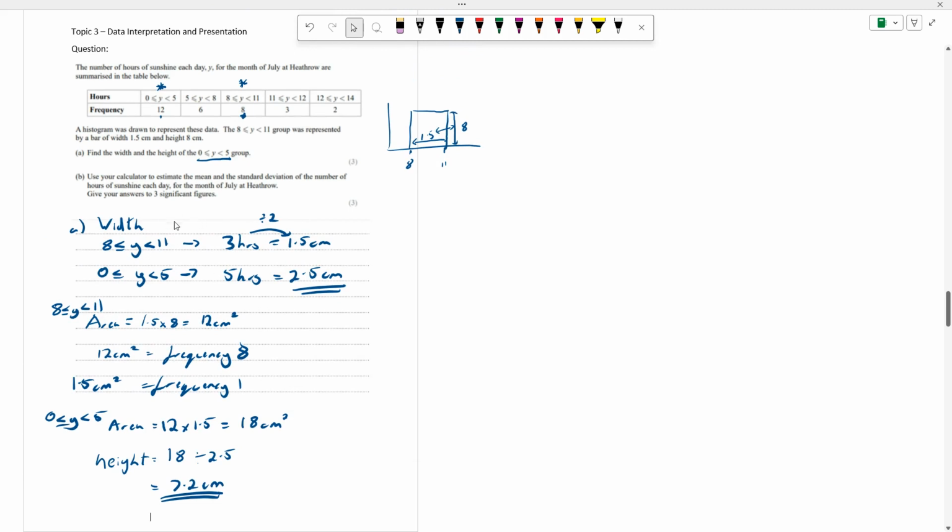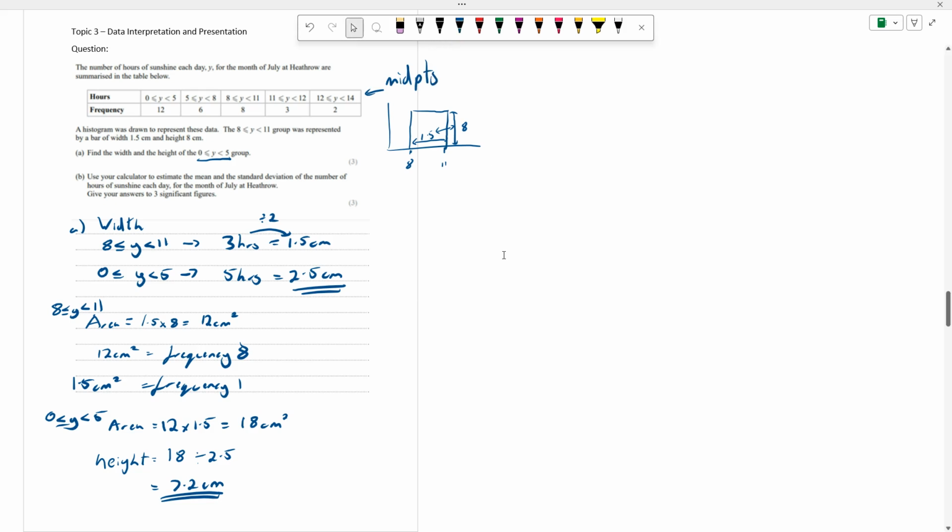Now part B says, use your calculator to estimate the mean and standard deviation of the sunshine. So we go to menu and 6. I want one variable, so number 1, and it comes up with your x and your frequency column. For your x values, you must use the midpoints.